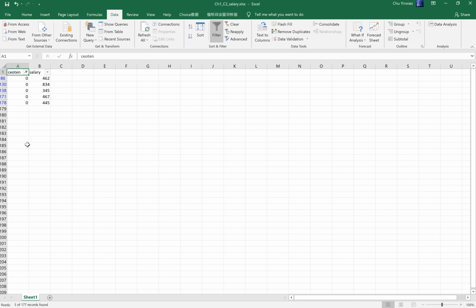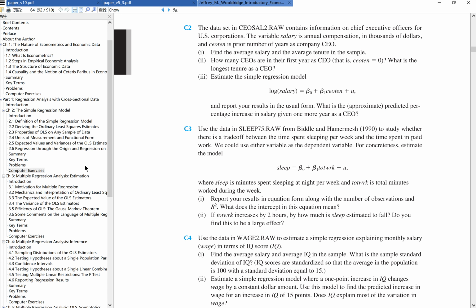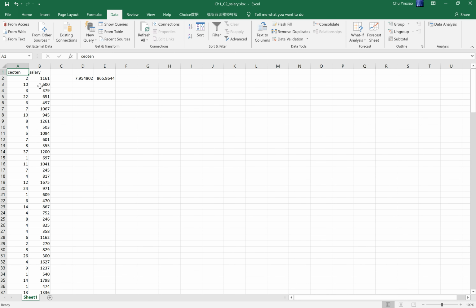Okay, and you can unfilter it to get the original data. It also asks you to find the longest tenure as a CEO. So you want to find the maximum of this. Let's find the max of A1 to A178, which is 37 years.